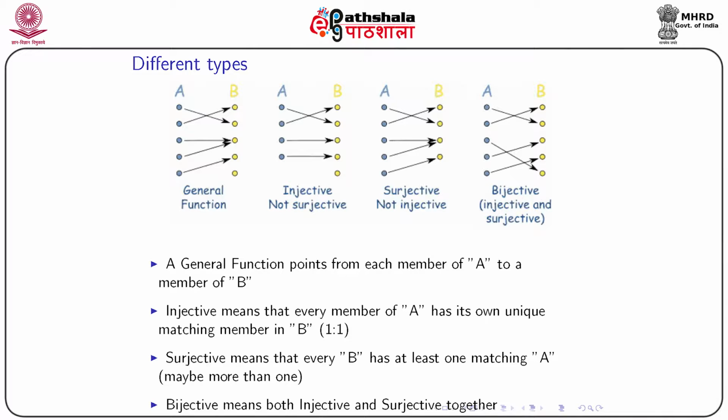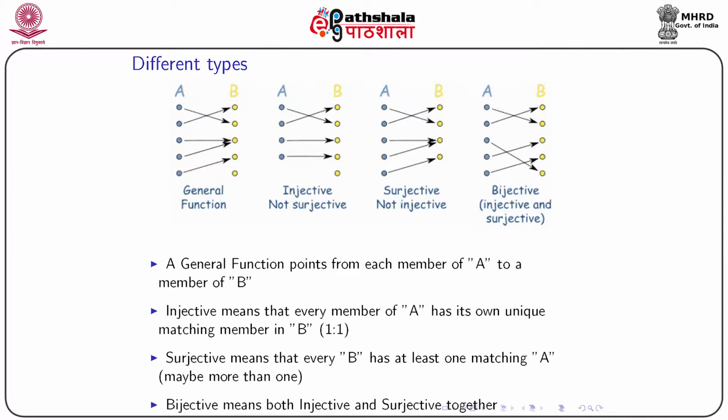Just see the picture, the third one. The first element corresponds to the second element in set B. The second element of A corresponds to the first element of B. Third and fourth elements of A correspond to the third element of B. That means two elements in A are corresponding to the same element of B. This sort of mapping is called surjective mapping.